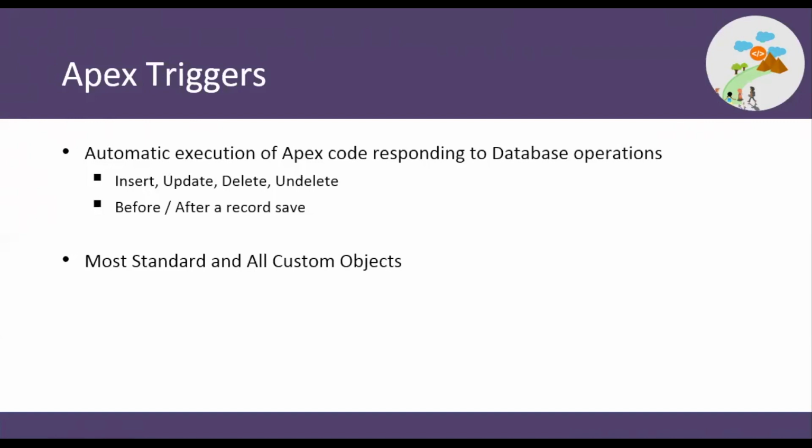And triggers come in basically two flavors: a before trigger and an after trigger. So basically, before a record save happens and after a record save happens. Actually, it's not a save, it's typically a commit that we talk about in database terms. So this is typically when triggers execute. And a trigger is basically tied to an SObject. Now it could be a standard object, or it could be a custom object.